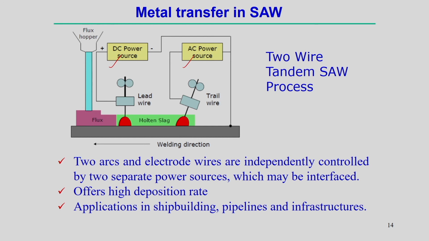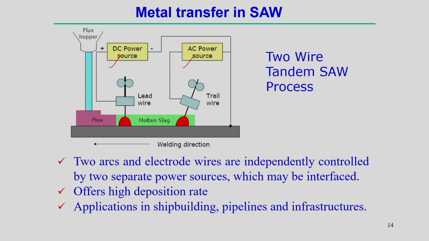Applications are in shipbuilding, where we want to make very big structures, and in pipeline infrastructure; in those cases we can use metal transfer with the submerged arc welding process. But so far there is no use of this metal transfer mechanism associated with submerged arc welding for the development of any kind of additive manufacturing process.